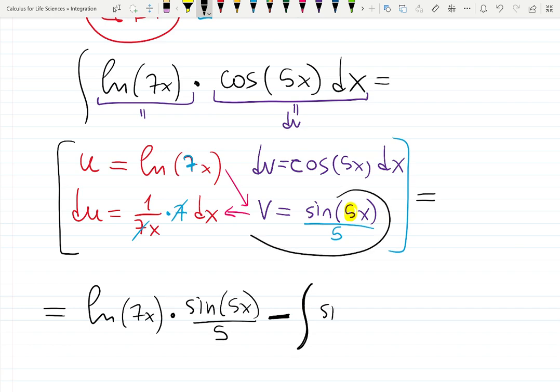This thingy in the corner shows up twice, so I'm just copying it one more time. Sine 5x over 5 times 1 over 7x times 7 is just 1 over x dx. And it is also not an easy integral. Such a bad example.